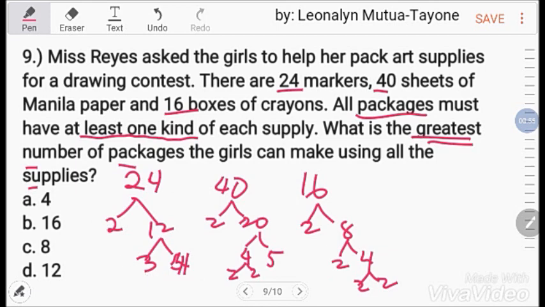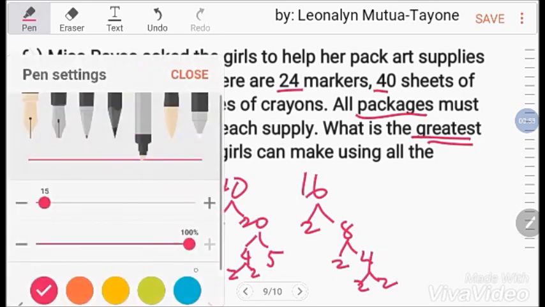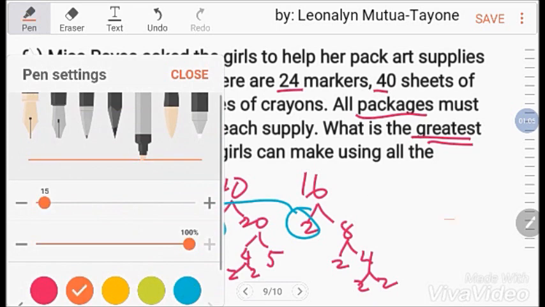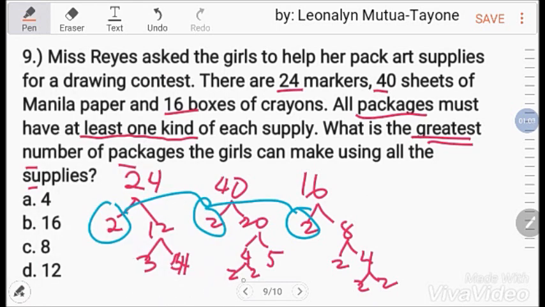Yan yung mga prime factors ng 24, 40, at saka 16. Pareho silang 2, pareho silang 2. Ay, si 4 pa pala. Ma-factor out pa ito. So, another 2, 2, 2.